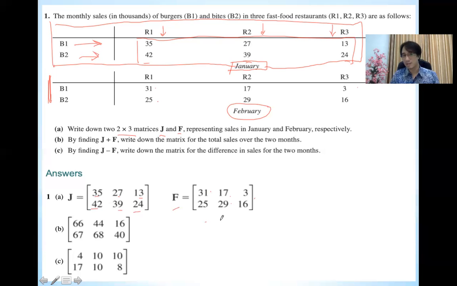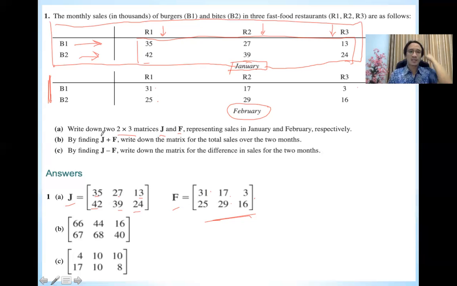Okay, so this is the answer of point A. Just write down and create the matrix based on this description. And we have 2 matrices.